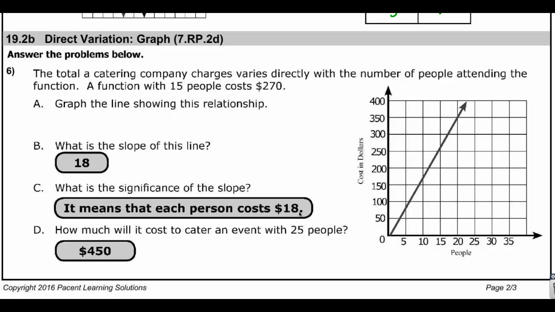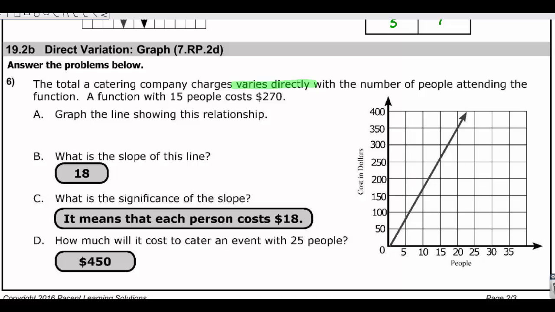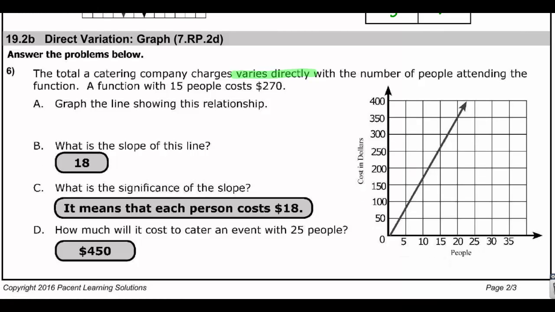All right, number 6. So the amount the catering company charges varies directly with the number of people attending. So varies directly tells us that we are going to have a straight line that goes through the origin.